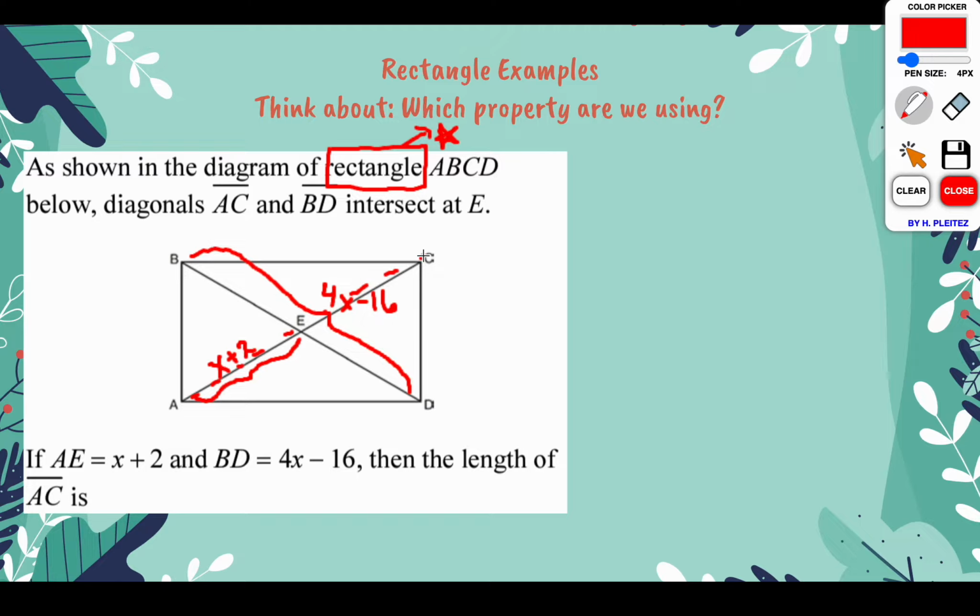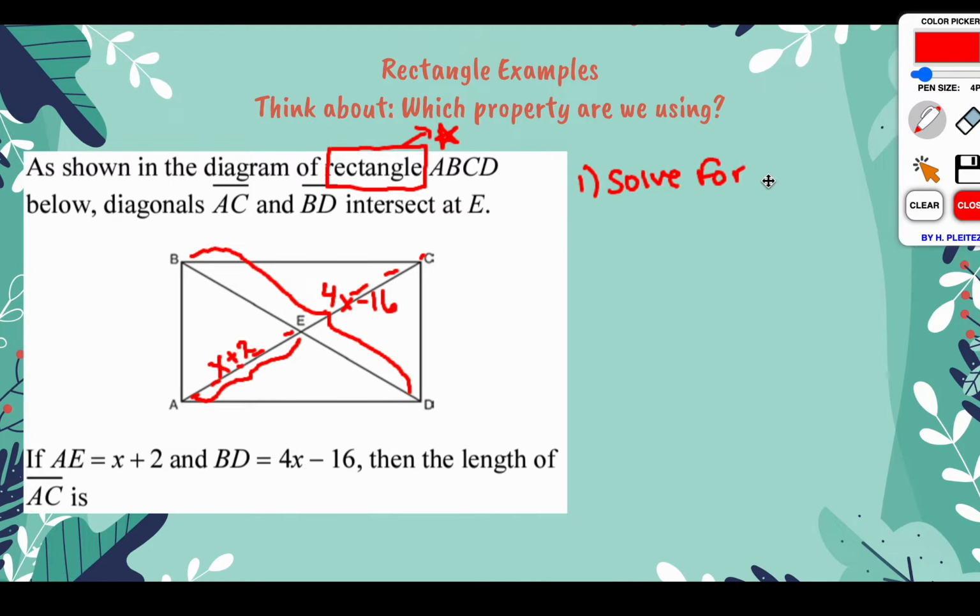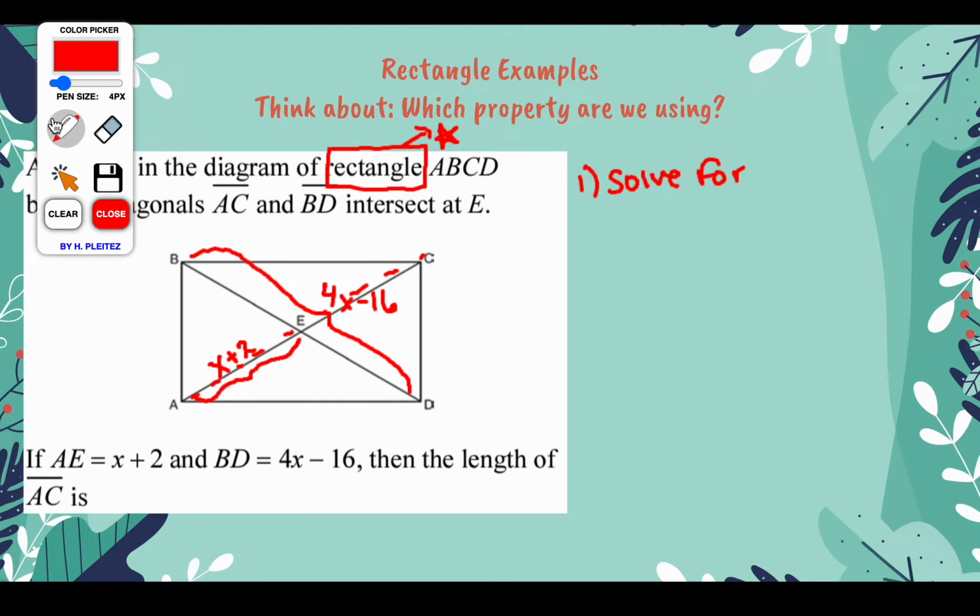Now I know I'm not going to be able to do anything right now to solve for AC. I know my first step, step 1, is to somehow solve for x. Now, in order to solve for x, this is when I need to think about, okay, what property am I going to be using? Well, we know a few things. I know we're dealing with a property about the diagonals of a rectangle, because the only two unique properties we have are that the angles are all 90 and that the diagonals are congruent, right?